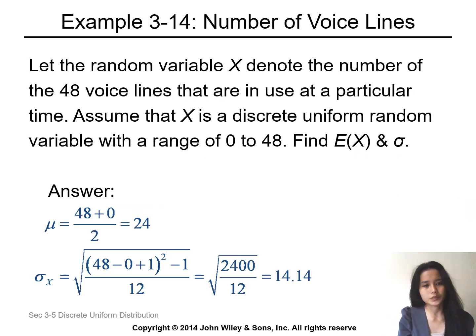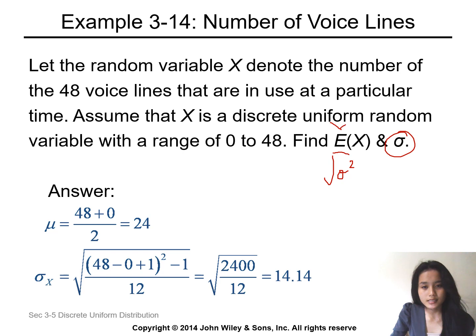For example, let the random variable x denote the number of 48 voice lines that are in use at a particular time. Assume that x is a discrete uniform random variable with a range of 0 to 48. Find E of x and the standard deviation. The variance is sigma squared, and the square root of that is the standard deviation.